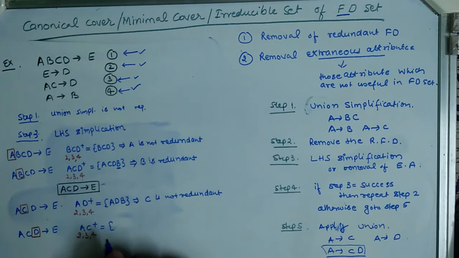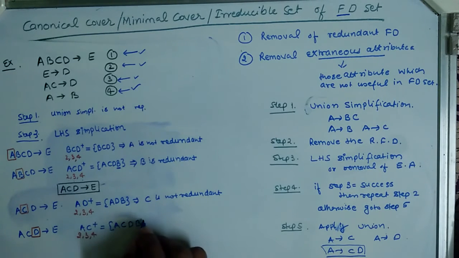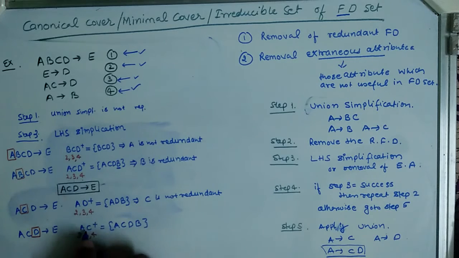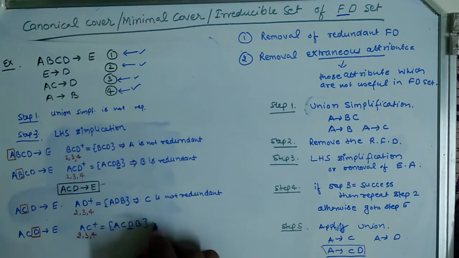So from the AC closure we derive AC, and from AC we can derive D, and from A we can also derive B. So yes, from the AC closure we can derive D, so D is redundant.